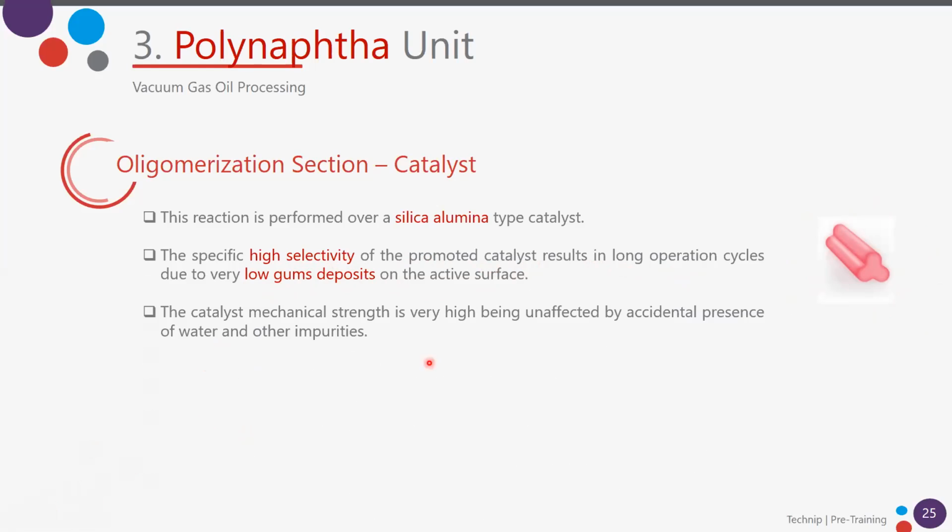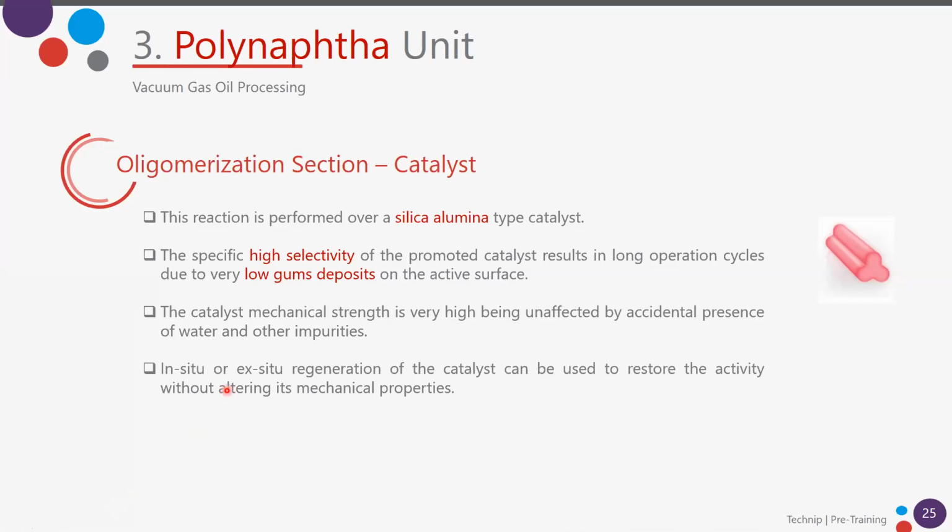The catalyst mechanical strength is very high, being unaffected by accidental presence of water and other impurities, accidental, not continuous. In situ or ex situ regeneration of the catalyst can be used to restore the activity without altering its mechanical properties.